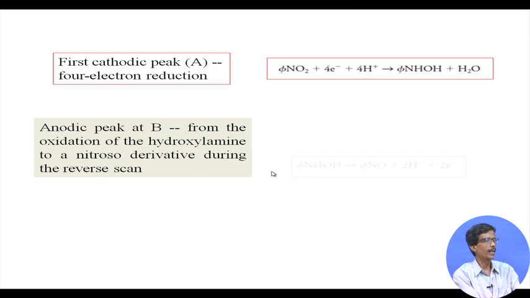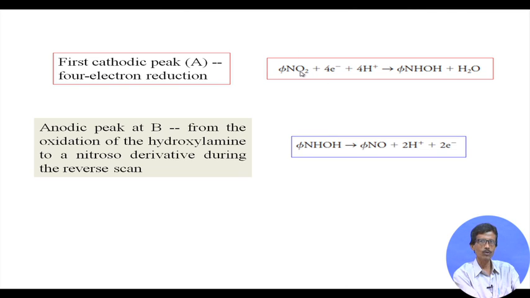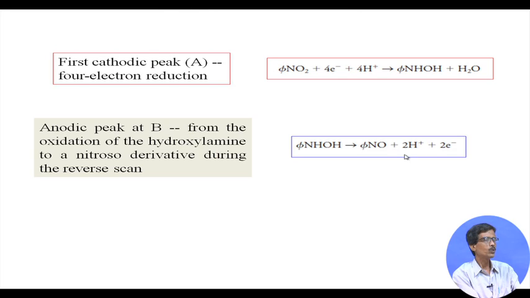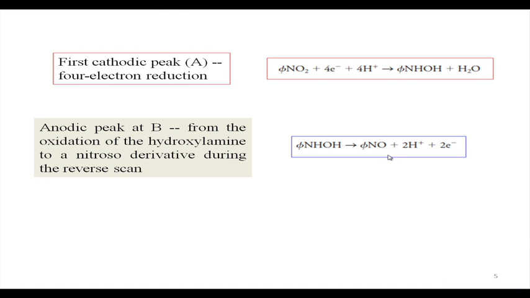So this NHOH, that means hydroxylamine, is not going back to NO2, that is why you are not getting the corresponding reverse peak of A. We are getting B somewhere else, well away from peak A. It is for the NO formation, the nitrosobenzene type of thing, that means phi NO is forming. So the nitroso derivative of parathion is formed by oxidation with 2 electrons only.